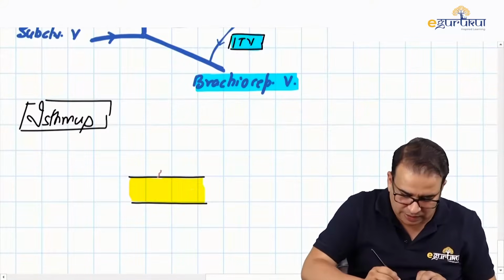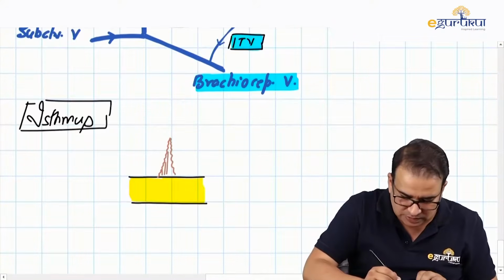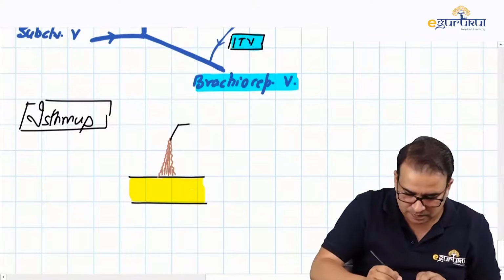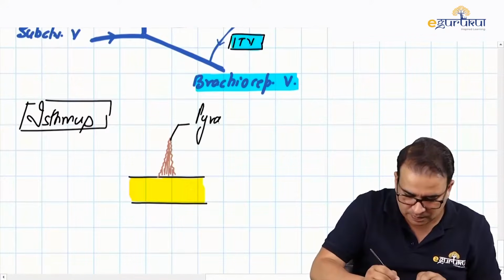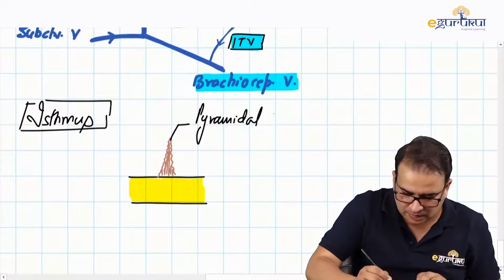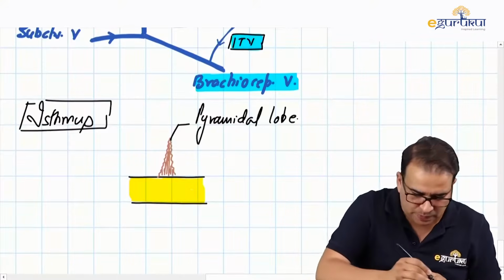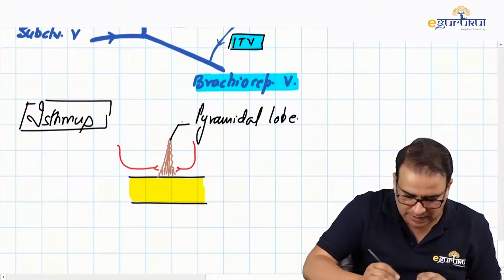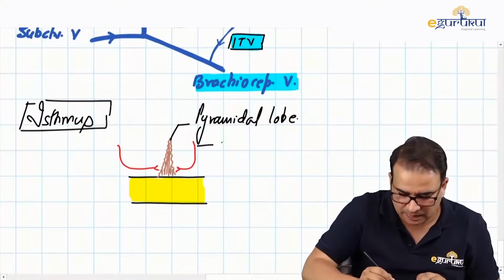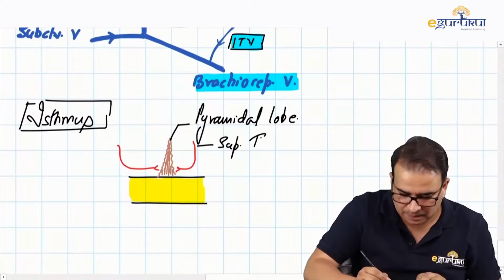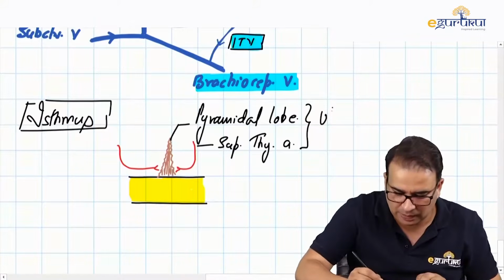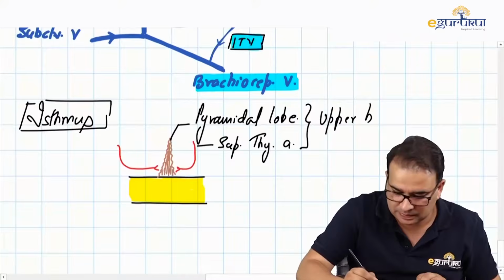There could be an additional lobe of the thyroid gland which will be seen along the upper border of isthmus. That is called a pyramidal lobe. So pyramidal lobe and superior thyroid artery are related to the upper border of the isthmus.